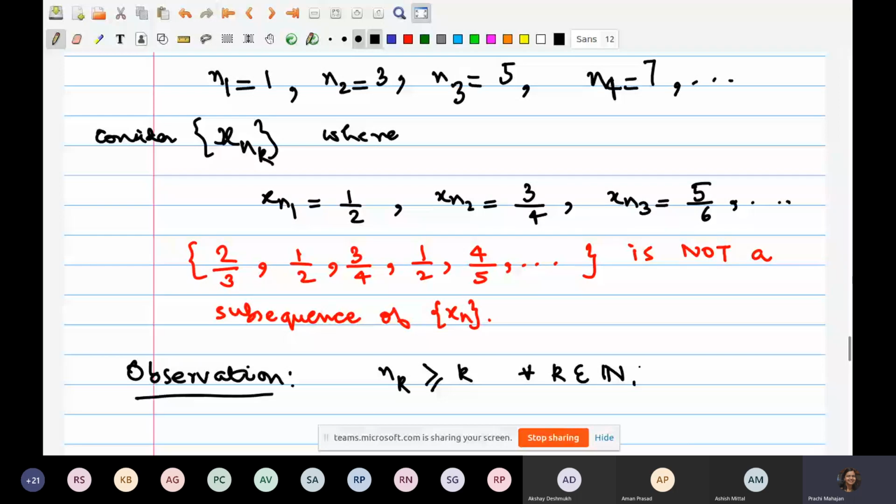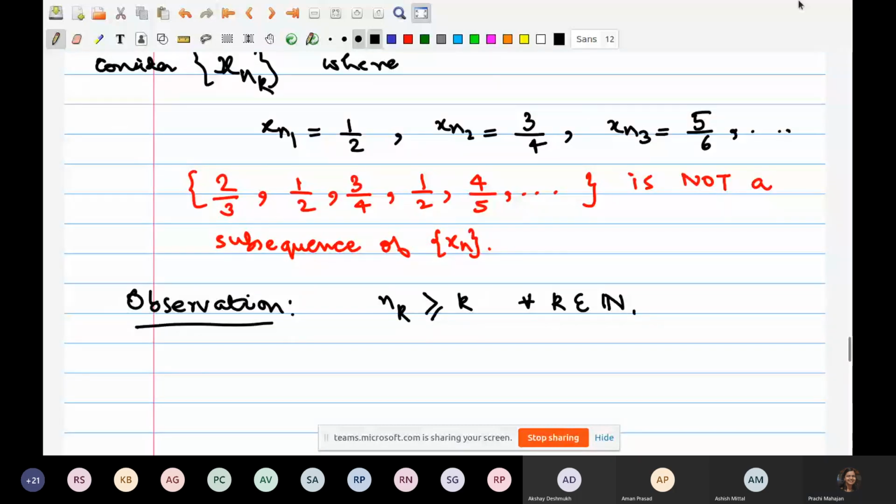Why is that? So let's look at this. Now n1 is a positive integer, so clearly n1 is at least 1. Is that okay? Does everybody see this? So for k equal to 1, this is true: n1 is at least 1.